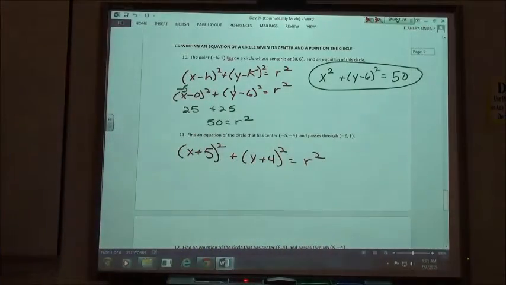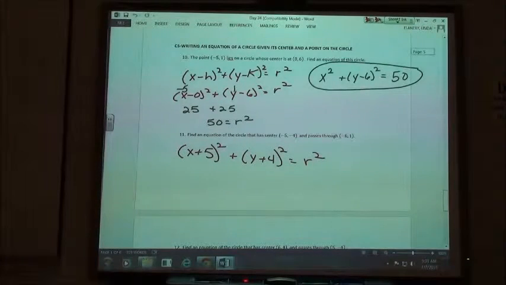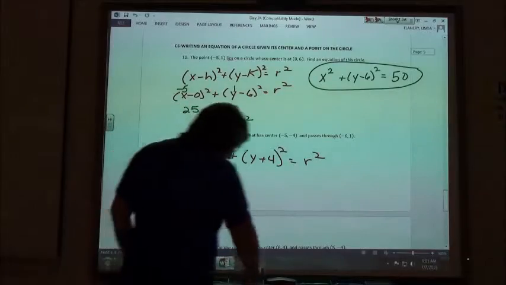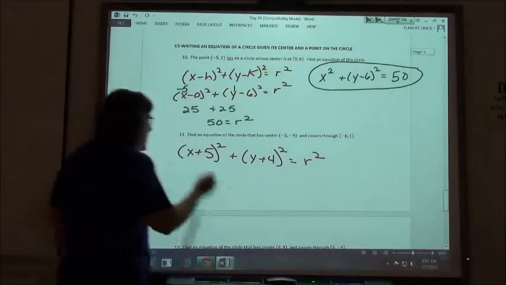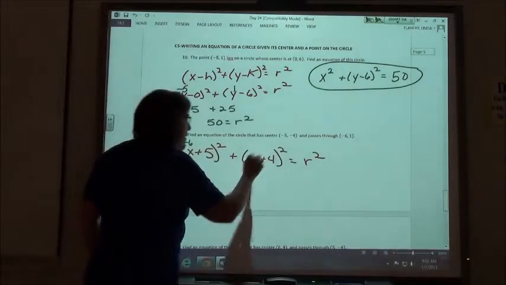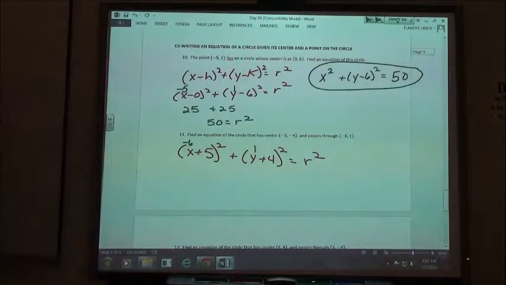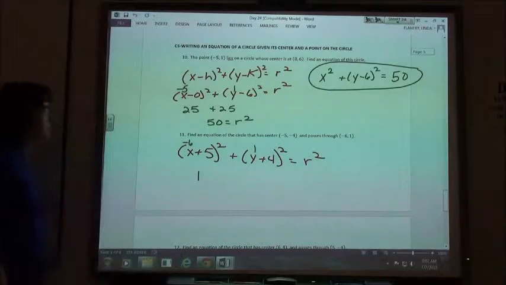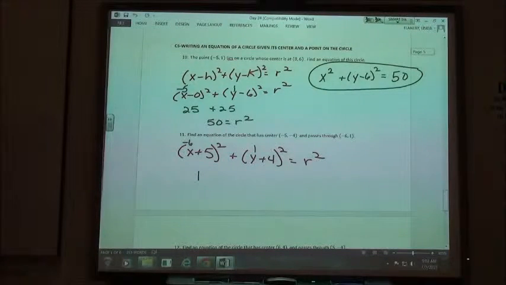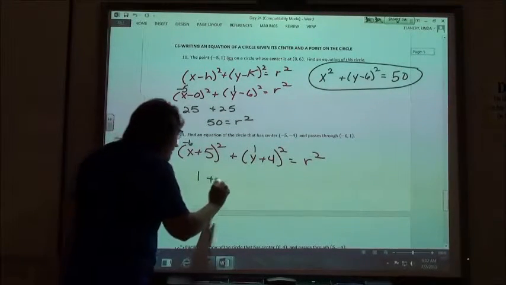So x plus 5 squared plus y plus 4 squared equals our radius squared, and then we've got to find what r squared is equal to. So we're going to put negative 6 in for x, 1 in for y, and solve. Negative 6 plus 5 is negative 1. Negative 1 squared is positive 1. 1 plus 4 is 5. 5 squared is 25.